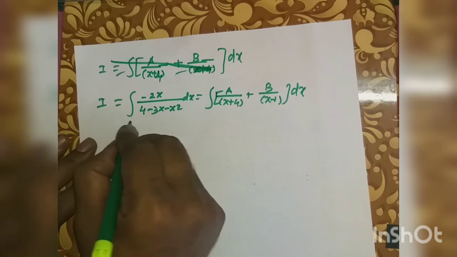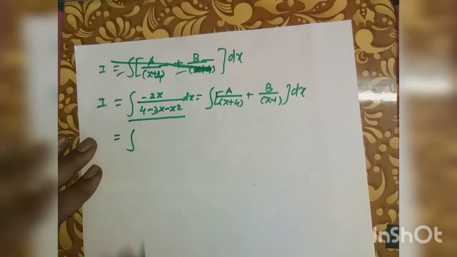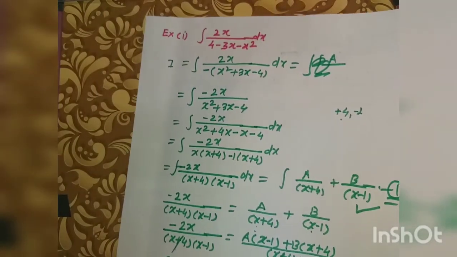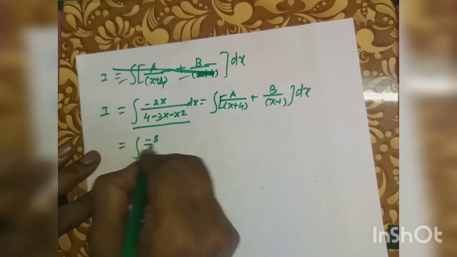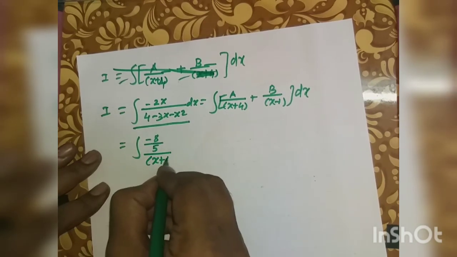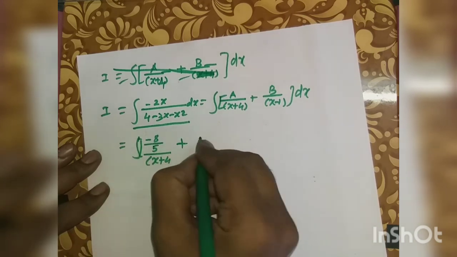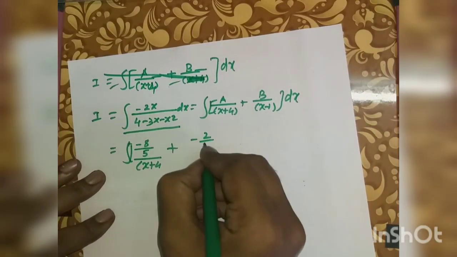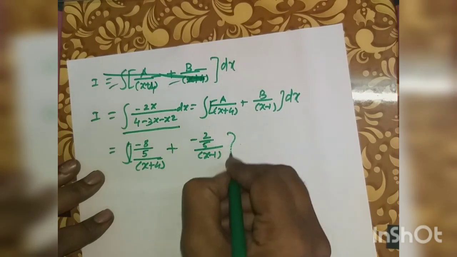Now this equation is reduced in this form. Then substitute the value of a is equal to minus 8 by 5 divided by x plus 4, plus b is minus 2 by 5 divided by x minus 1, whole integration.